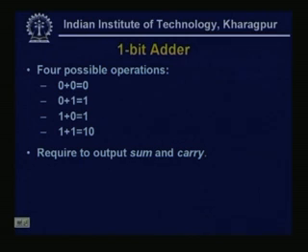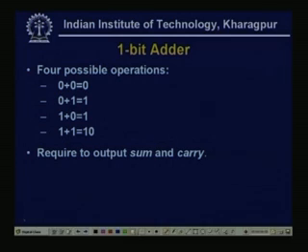As all of you know, what is the truth table of a 1-bit adder. If it is a 1 bit, the bit can be either 0 or 1. So, there are 4 different possibilities: 0 added with 0, 0 plus 0 is 0, 0 plus 1 is 1, 1 plus 0 is 1.